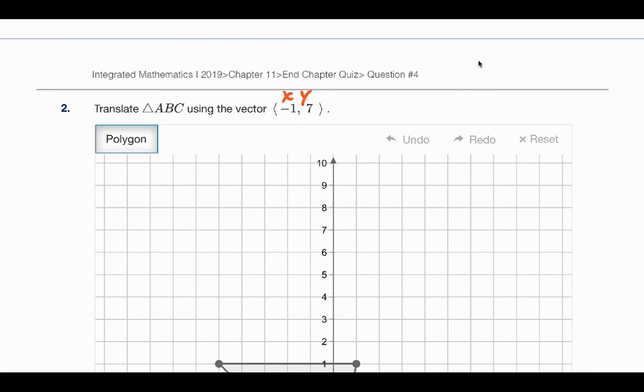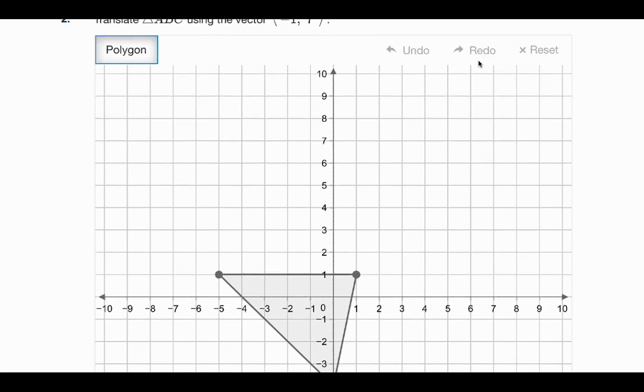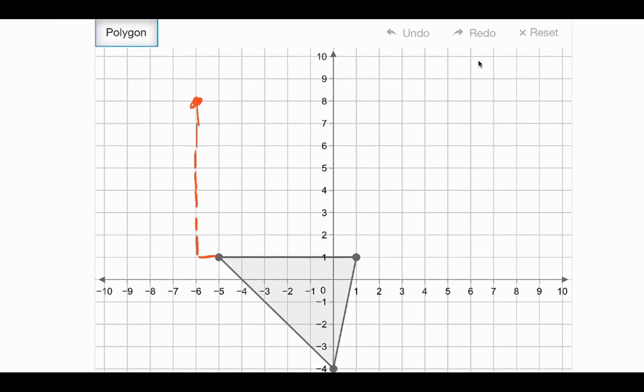So we're going to go left 1, and then we're going to go up 7. So I'm going to go left 1, and I'm going to go up 1, 2, 3, 4, 5, 6, 7. All right, and that's one of our points. We're going to take this point here. I'm going to go over 1 negative, so it's left, up 7.